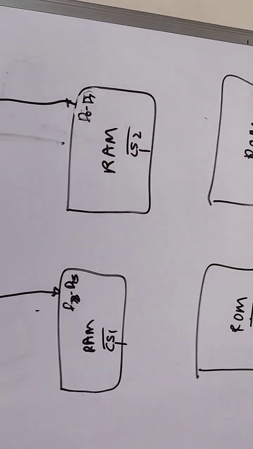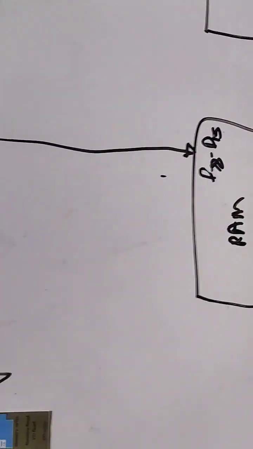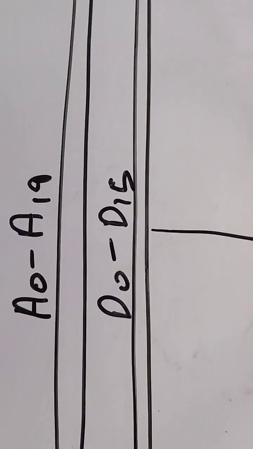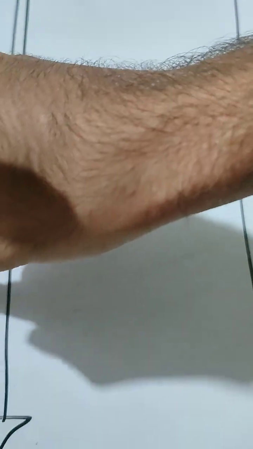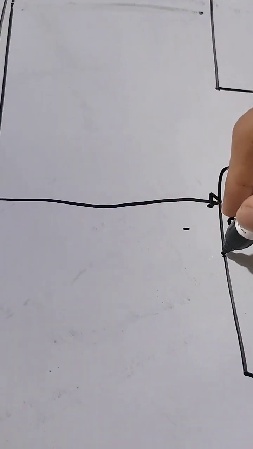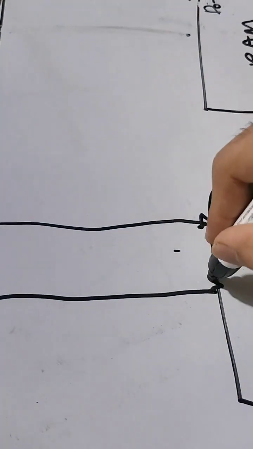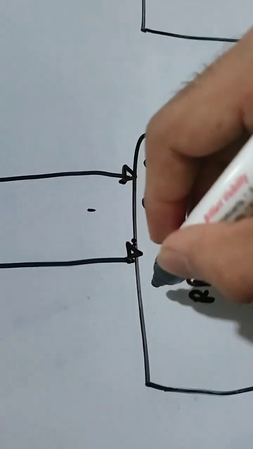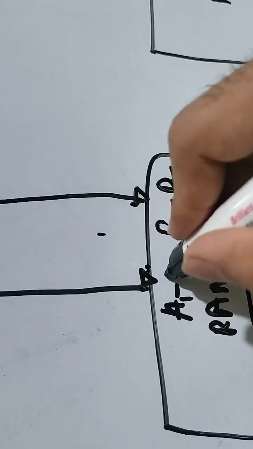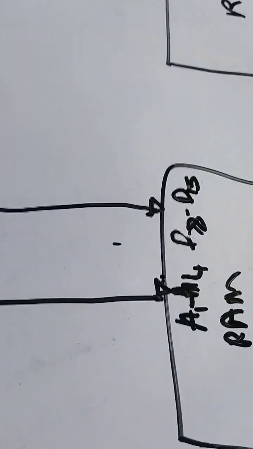Now, we can perform other operations also, but before that, our address lines, A0 to A19. Basically, we need our address lines incoming here. But we have only 14 address lines, that is A1 to A14. A1 to A14.